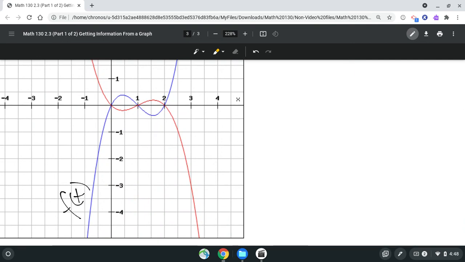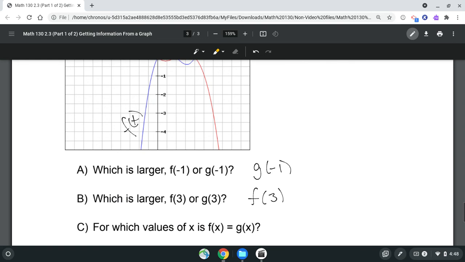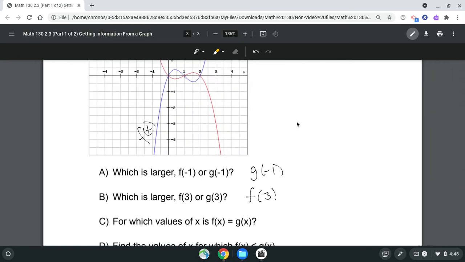Remember, they're equal where they intersect. And you just have to give me the x values. So you should have said at x equals 0, x equals 1, and x equals 2.